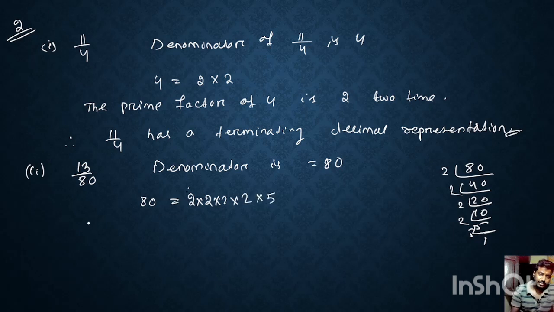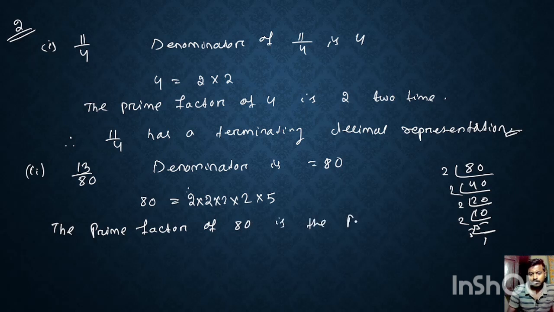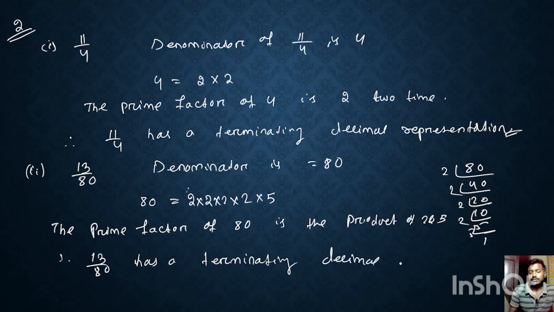So we can write the prime factorization of 80 is a product of 2s and 5. Therefore 13 by 80 has a terminating decimal representation.